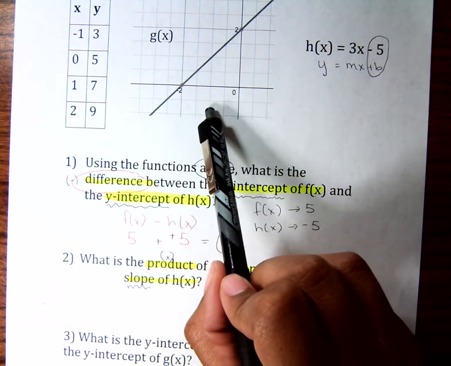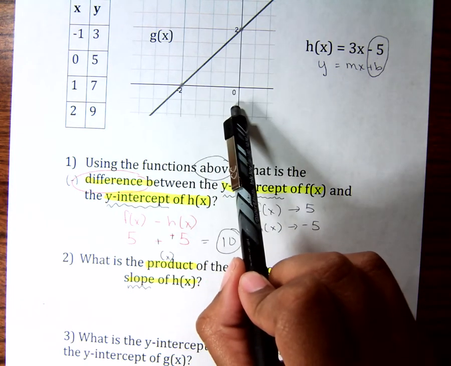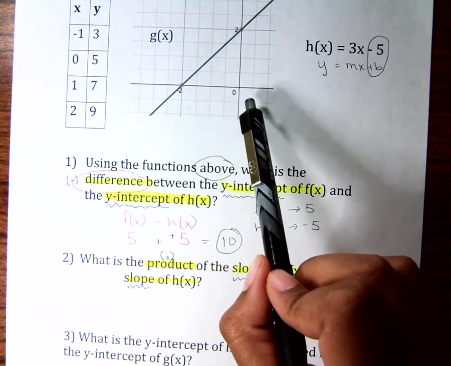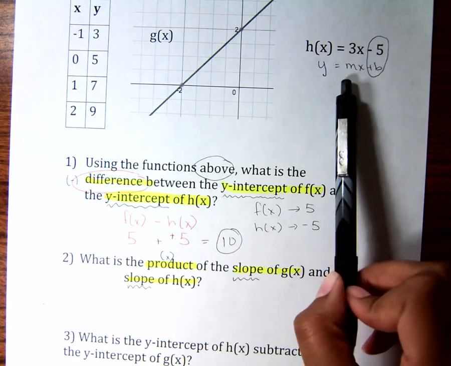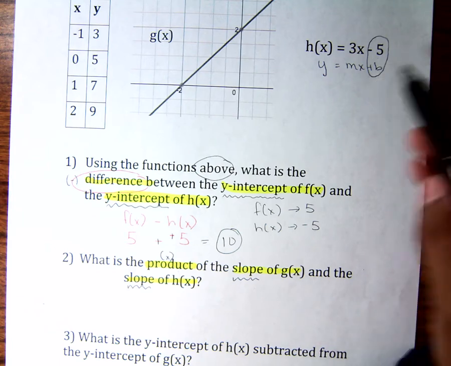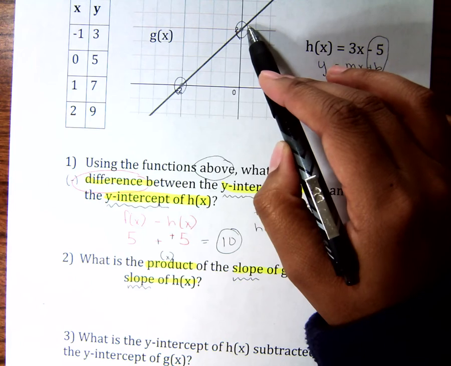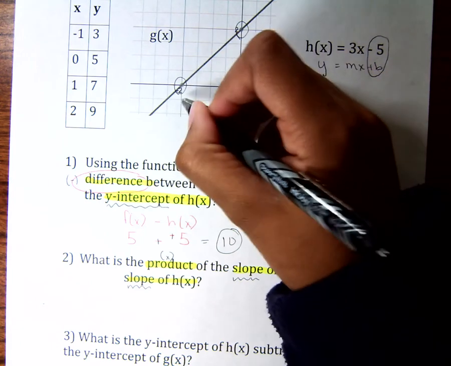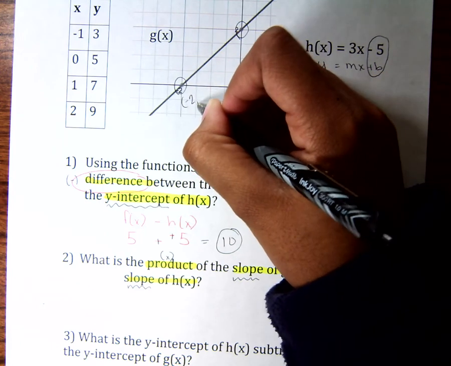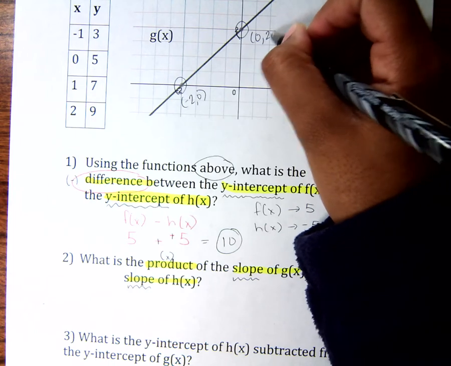Now, I have to realize that this is a graph. So it would be a little bit different finding the slope versus a table and an equation. So for the graph, I know that the slope is rise over run, and I have to identify 2 points here. I have -2, 0, and 0, 2.